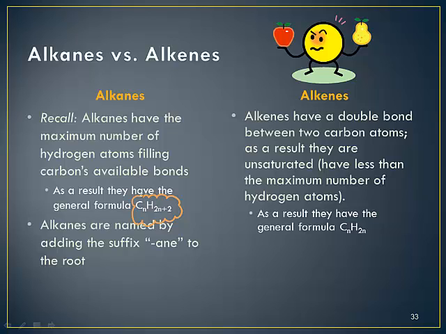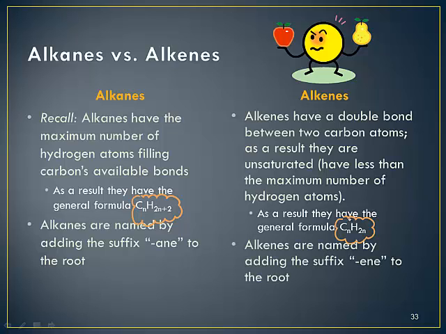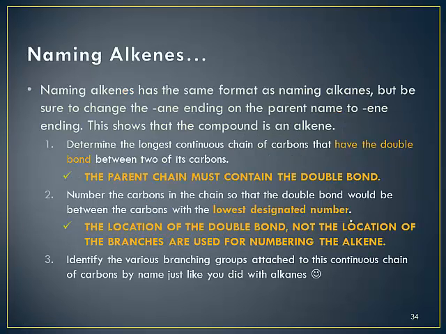As a result, they now have the general formula CnH2n. So if you double the number of carbons, you'll end up with the number of hydrogens attached. When we name alkenes, we still have the root, which is determined by the number of carbon atoms in the chain, but to indicate that there's a double bond somewhere in the chain, we put ene at the end.